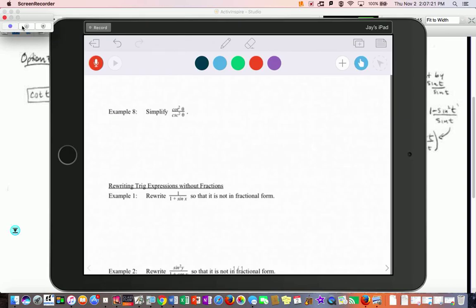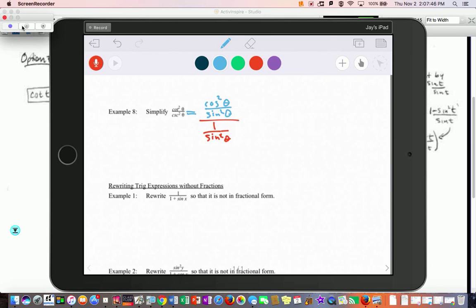All right, so cotangent squared over cosecant squared. Let's see what we can do here. I might start by writing cotangent squared as cosine squared of theta over sine squared of theta. And on the bottom, cosecant squared is the same as 1 over sine squared of theta.